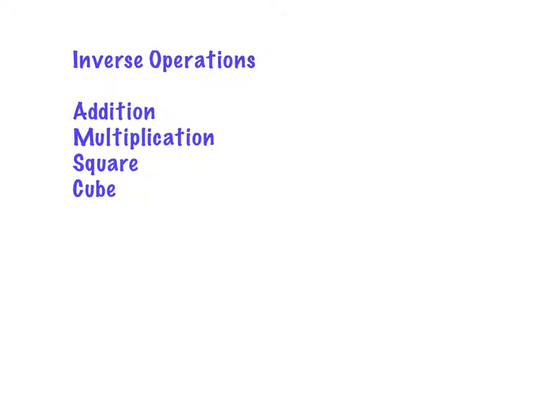So to start with, when we're referring to inverses, we're talking about operations that undo each other. So if I'm adding something and I want to get rid of that addition, then my inverse operation is subtraction. If I'm multiplying, it's division.